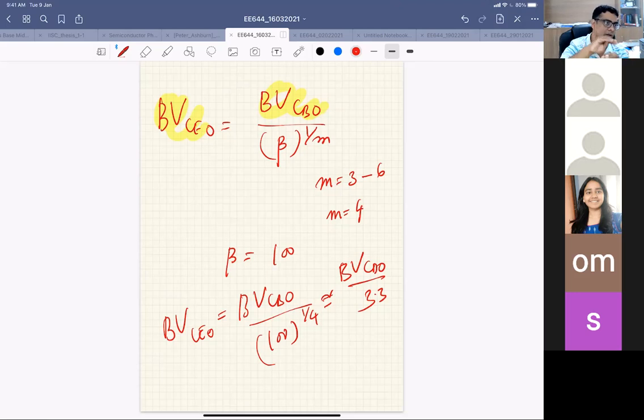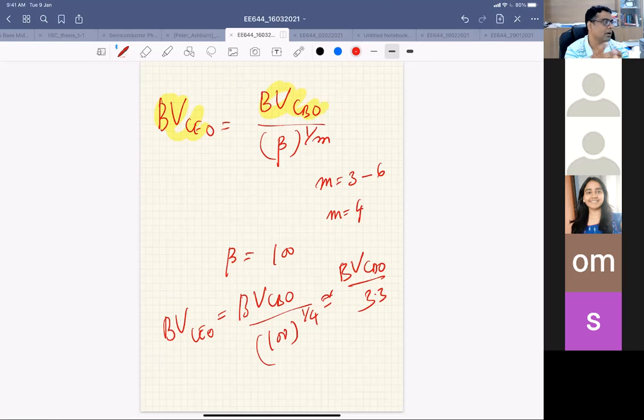So it can act as a current control device: if you force current, putting some current in the base, the transistor will turn on. Or you give VB. Both ways it will work. That is the good thing about the BJT, that it can work as a current control device and also as a voltage control device. So you could turn on and turn off by injecting current or by giving voltage across the junction.